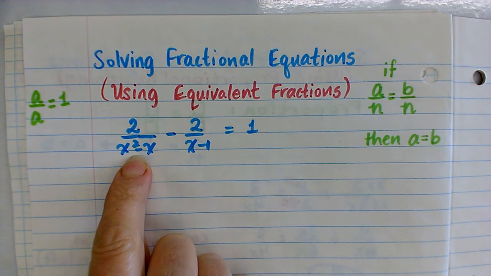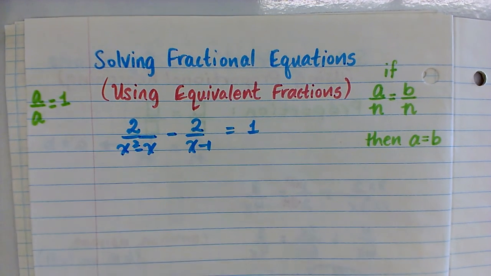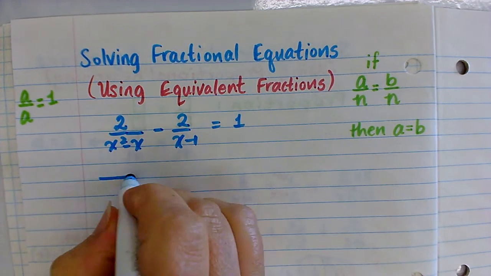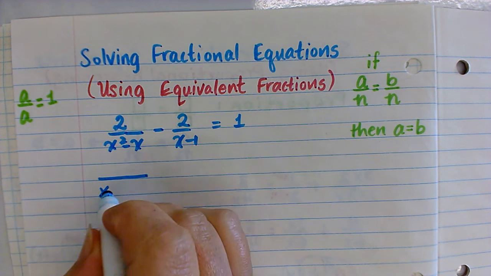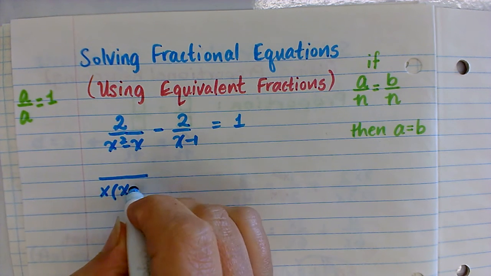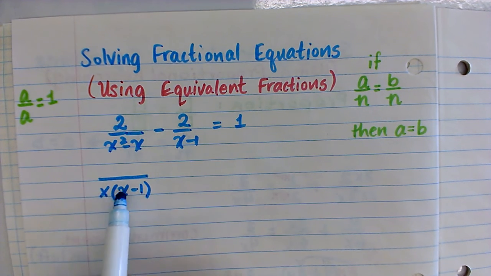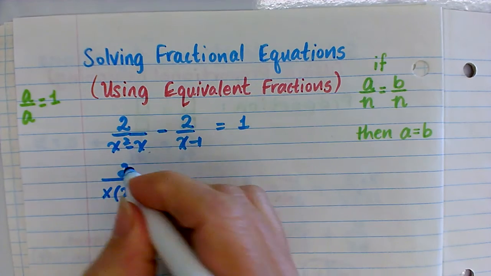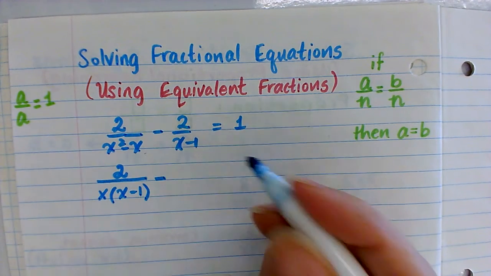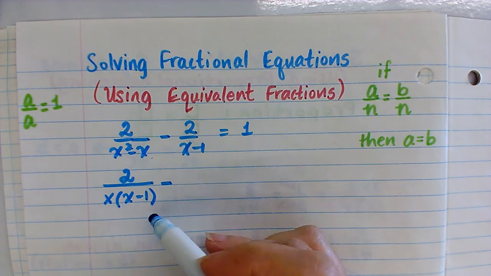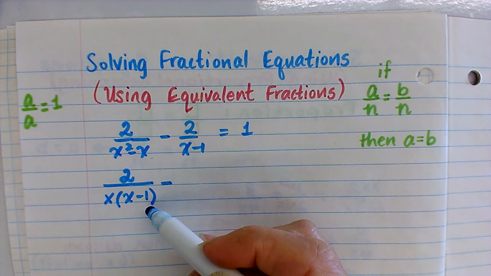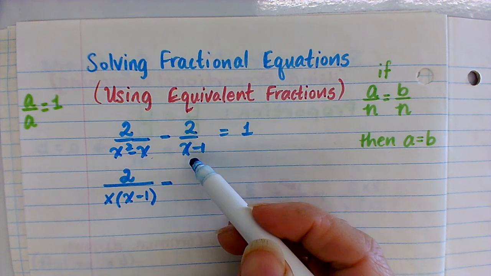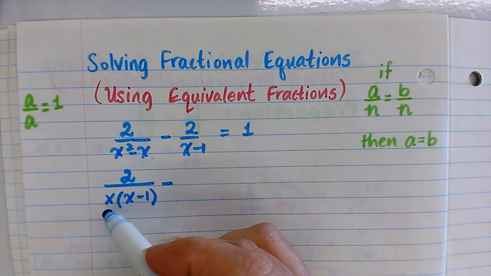When I look at the first denominator, x squared minus x, that is just x times x minus 1. When you distribute that x in, you get this denominator here. So I've just rewritten that. And then the second fraction is over x minus 1. So the only difference between these two denominators is a factor of x.